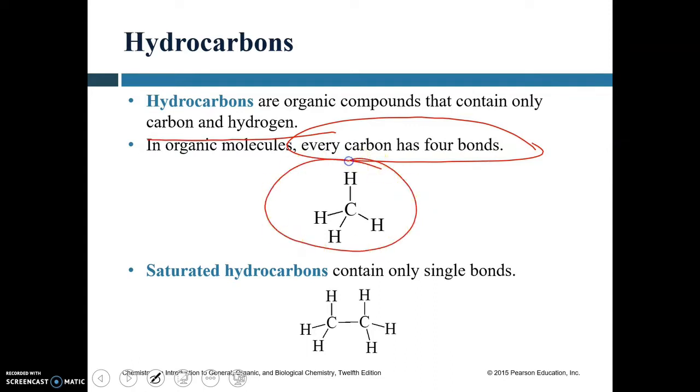Here you can see carbon forming 4 bonds with 4 atoms of hydrogen. Hydrocarbons that contain only single bonds, whether those bonds are between carbons or between carbon and hydrogen, are called saturated hydrocarbons.